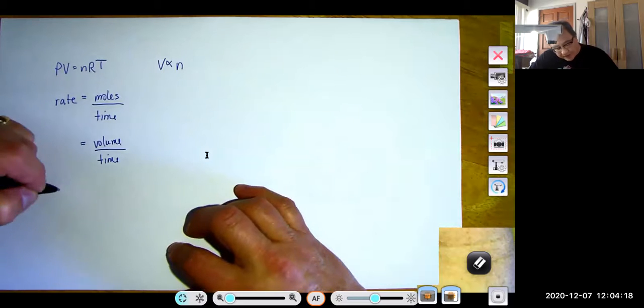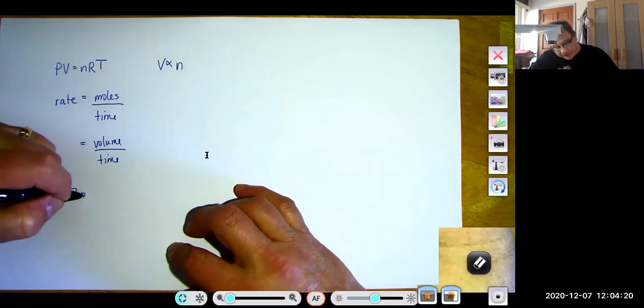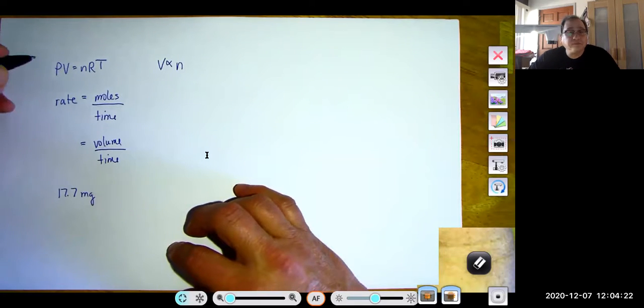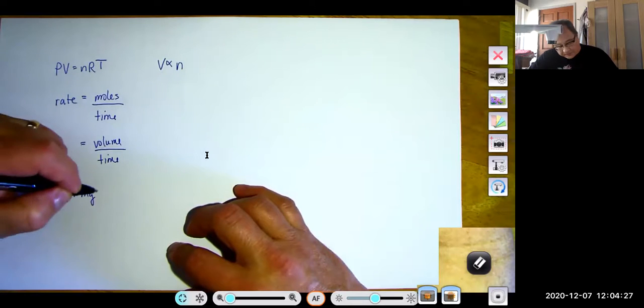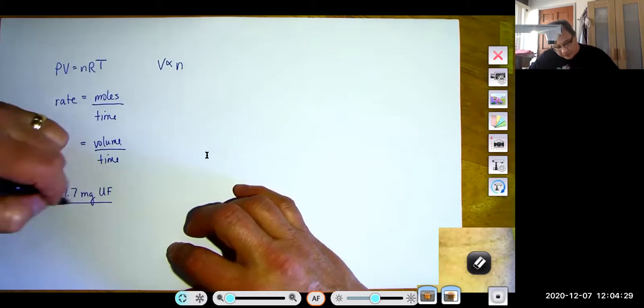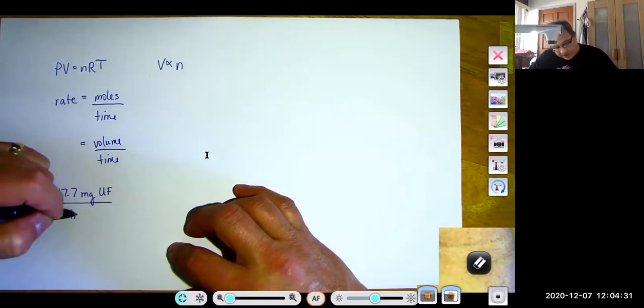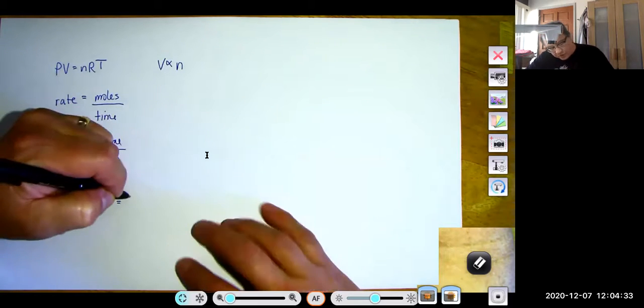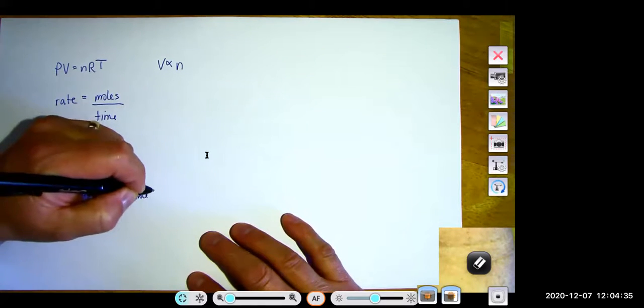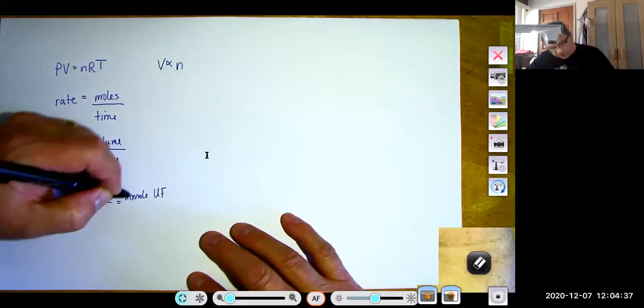So when you have 17.7 milligrams of uranium fluoride per hour, you need to turn that into moles of uranium fluoride. And I'm going to say millimoles per hour.